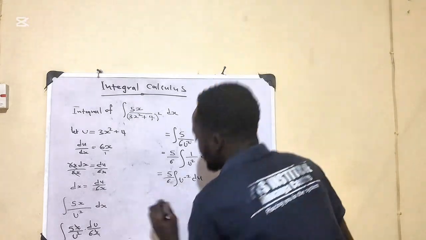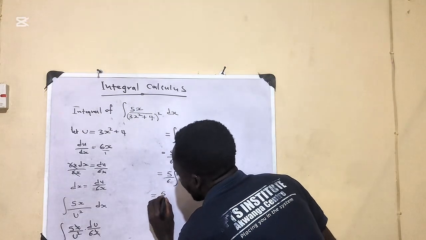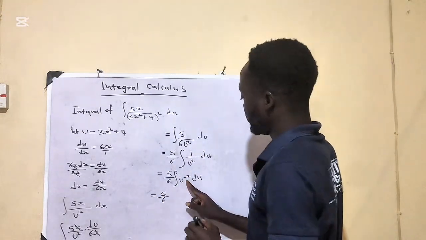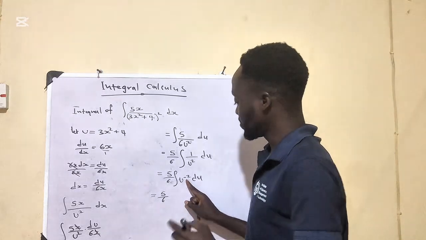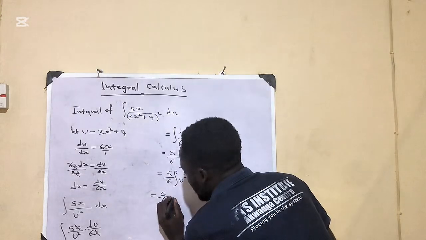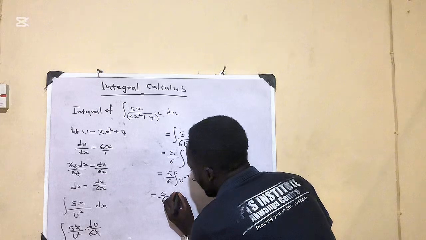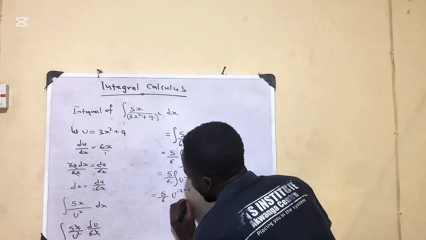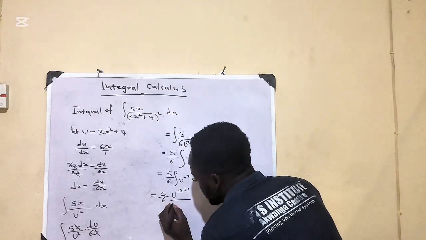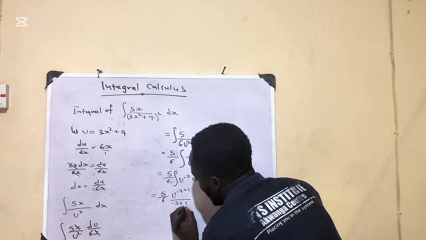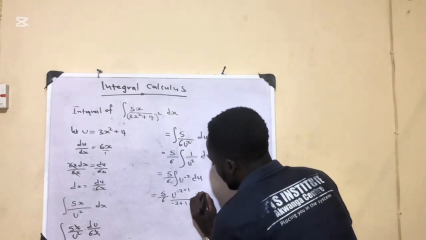If you are integrating, you always add 1 to the power, and divide by the new power. So this is going to be 5 over 6, u to the power of minus 2 plus 1 over minus 2 plus 1, and then we add our constant of integration, which is c.